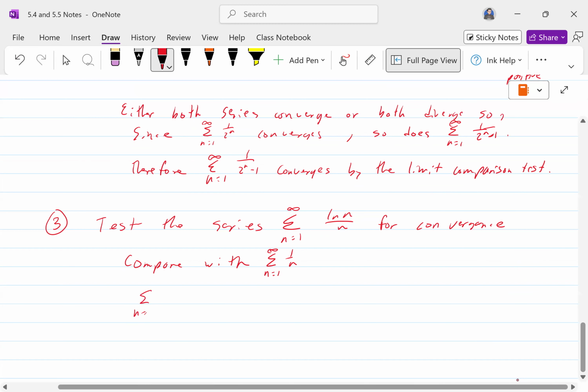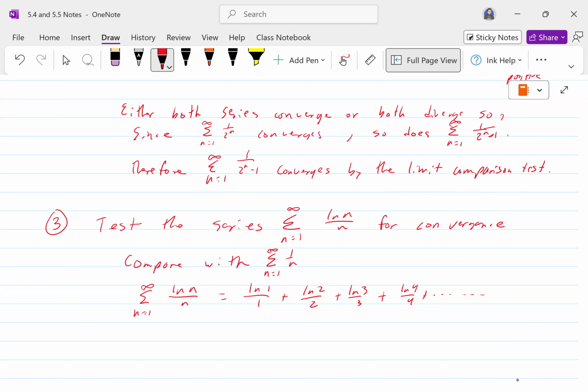If I take the series n equals 1 to infinity of natural log n over n, what do the terms look like? Well, they look like natural log 1 over 1 plus natural log 2 over 2 plus natural log 3 over 3 plus natural log 4 over 4 plus, and it kind of goes on forever.